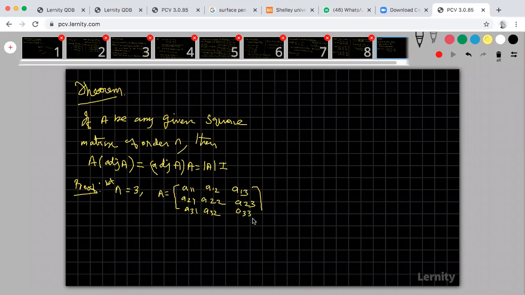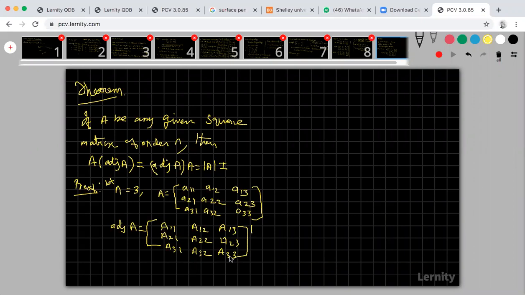My adjoint of A is the matrix of cofactors A11, A12, A13, A21, A22, A23, A31, A32, A33, whole transpose.